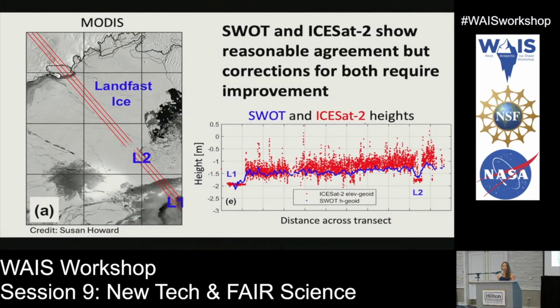One thing to keep in mind, though, is both in ICESat-2 and in SWOT, you'll see a bit of a trend in this data. There are surface corrections that still need to be applied for the ocean that we haven't really gotten to yet, just with ICESat-2. And because of the frequent repeat with SWOT, we're hoping to be able to back out some of these corrections to really get at the accurate surface heights.